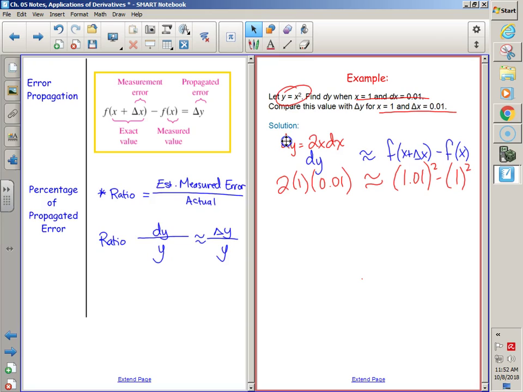It's within 100th of the actual measurement. The propagated error would be like, plugging in how far off you could be minus the measured value. Let's say you measured it to be 1, but you could be up to 100th off. So what's the difference between those two? Depending on the function, that could be really hard to find, but it'd be a lot easier just to plug in your measurement and how far off you are as the differential.